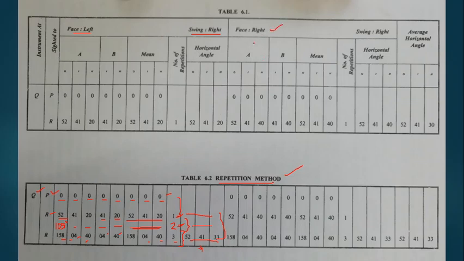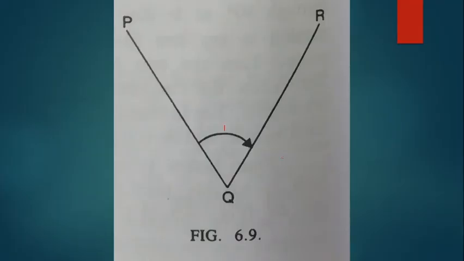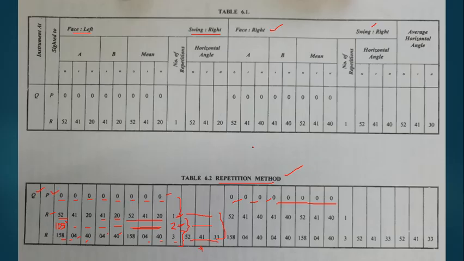Face right column. So here the right half is for face right and the right swing. When the instrument is on P, again the reading is 0 0 0. When you complete the first repetition, you can observe the reading on vernier A as well as vernier B as previously.